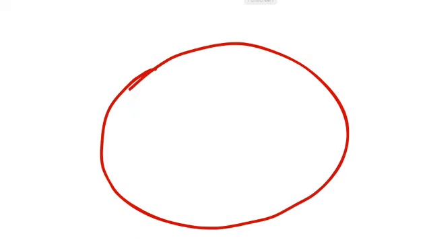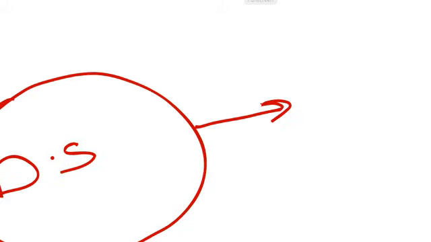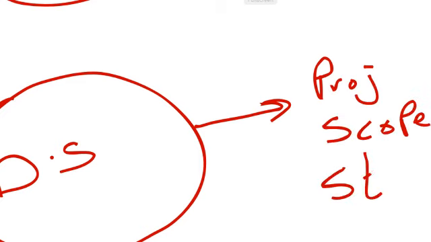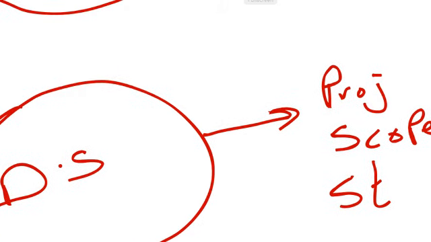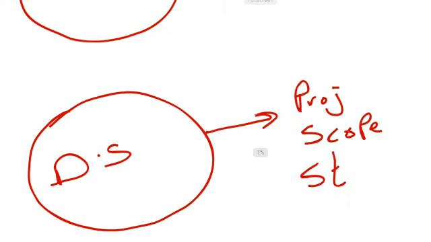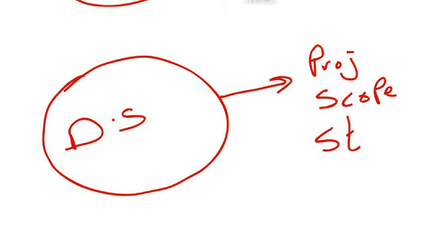You define your scope. What do you get from define scope? Well, from define scope, you get your project scope statement. What is in your project scope statement? Inclusions, exclusions, deliverable description, acceptance criteria.